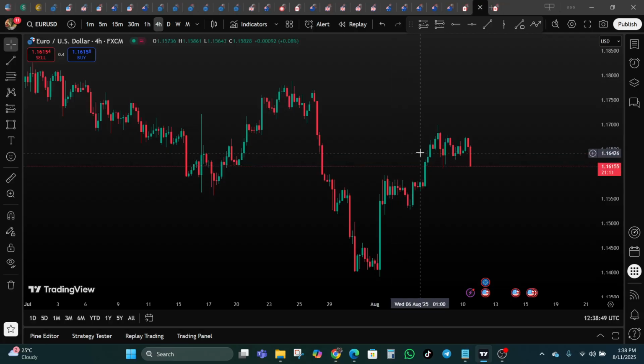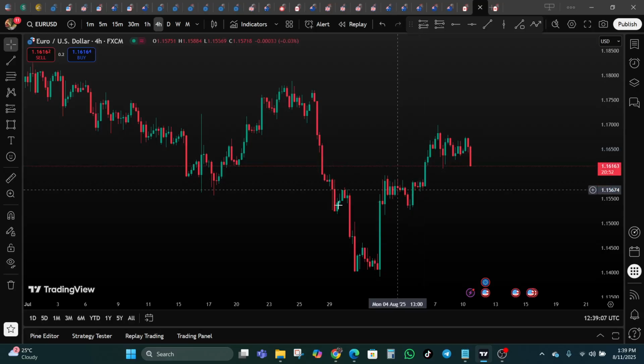Price action is the purest form of market analysis, because it shows you exactly what is happening without the lag of indicators.